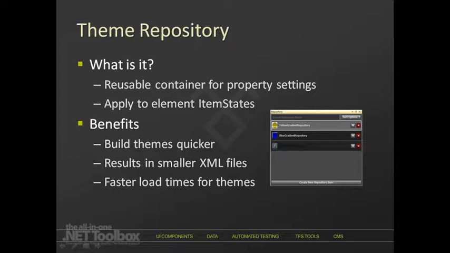But since you can reference these containers, it's now only going to save the container and reference the container in your XML file, and therefore this will decrease the overall XML file size. And what this means is you'll have a faster load time for themes because the deserialization of that XML file will be much, much faster.